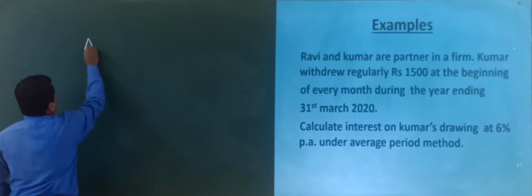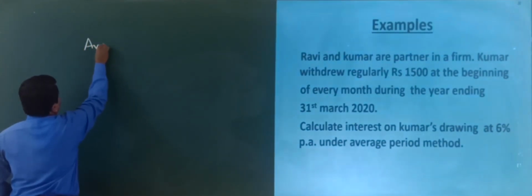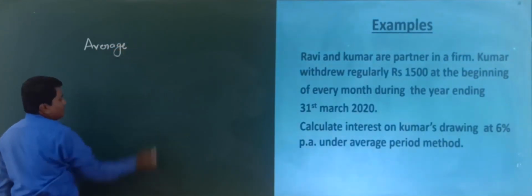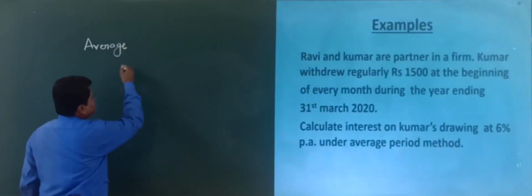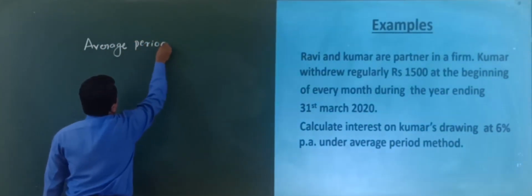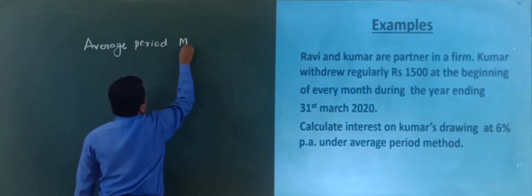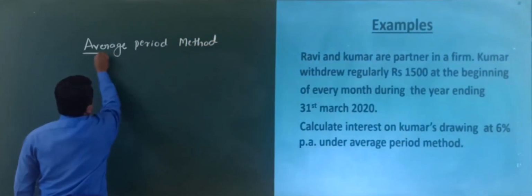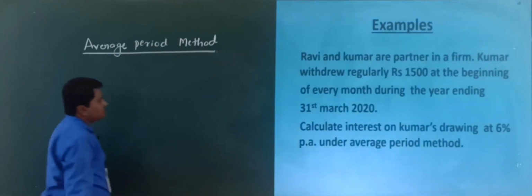Average period method. Under which method are we solving?